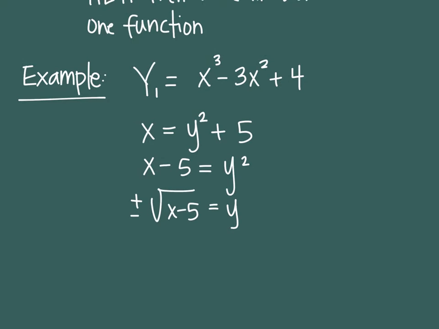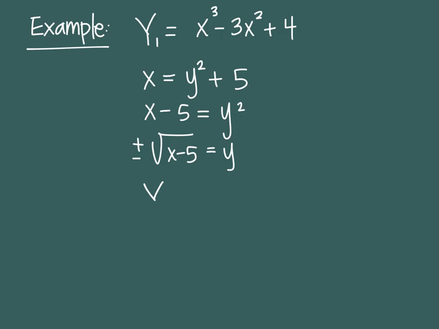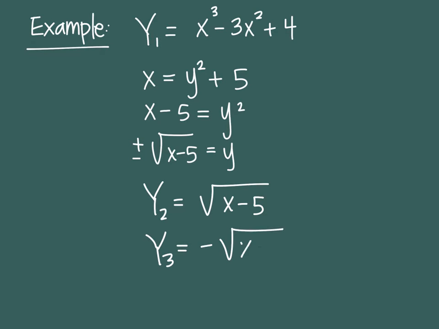So now how do you put that in your calculator? Well, now we've got y2. And in y2, we're going to put square root of x minus 5. And since there's no plus minus button in the calculator, we're going to have y3 be negative square root of x minus 5. So that's how you do plus minus on the calculator when there isn't a plus minus button. You have to separate them into two different y equals equations.